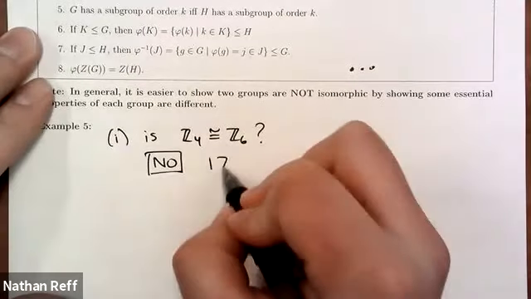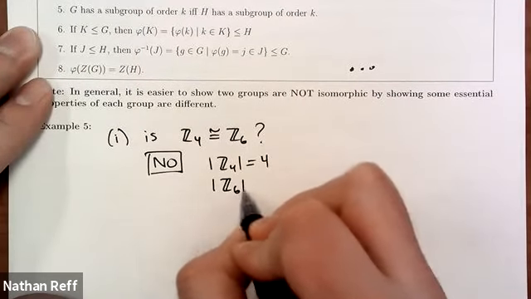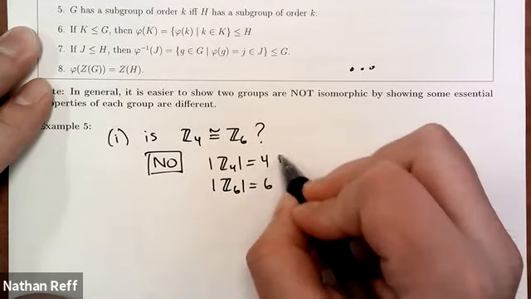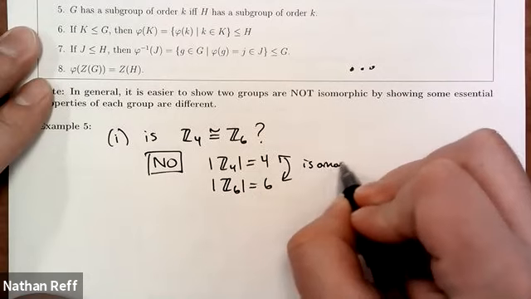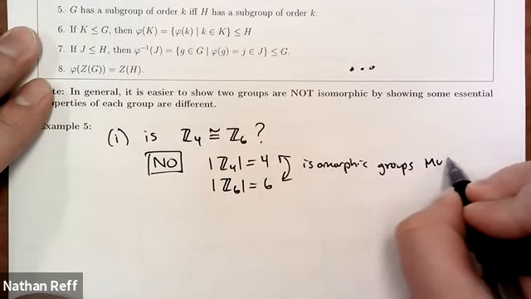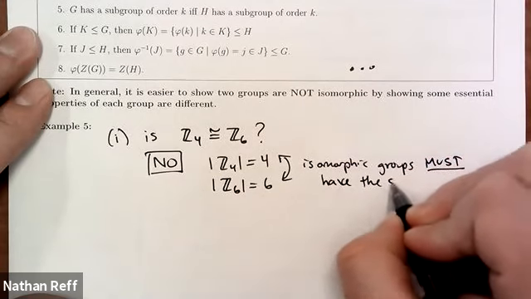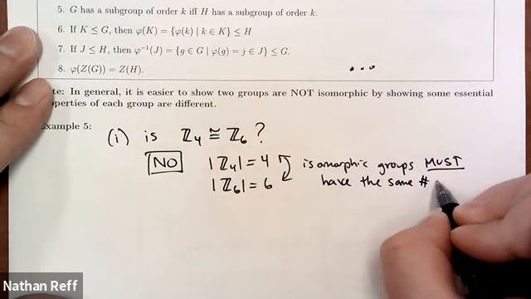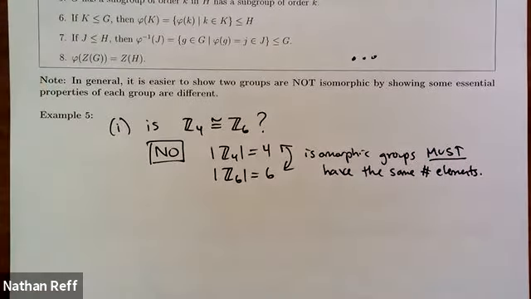Z4 has 4 things in it, and Z6 has 6 things in it, and these are not the same. Isomorphic groups must have the same number of elements. Makes sense, because they wouldn't be one-to-one. Exactly.